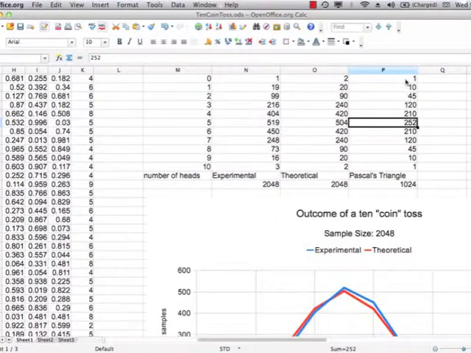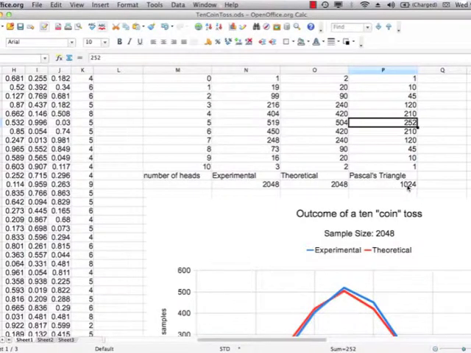And so with Pascal's triangle, I've got 1, 10, 45, 120, 210, 252, and so on. It comes up with the total number of different combinations of heads and tails, which is basically 1024 different ways that those coins can come up.